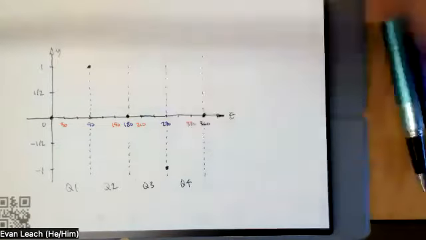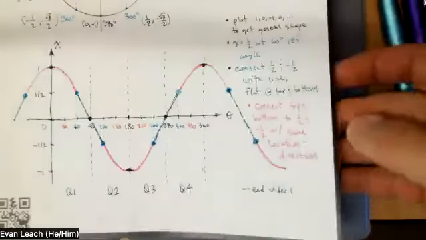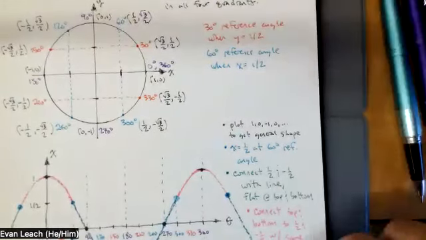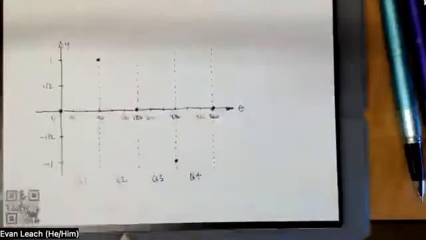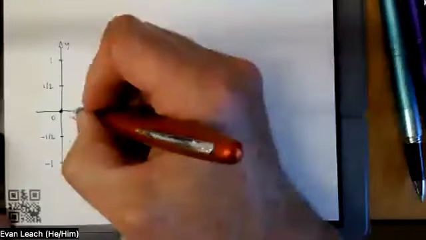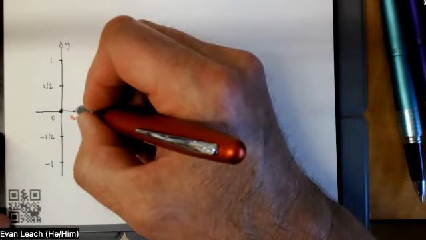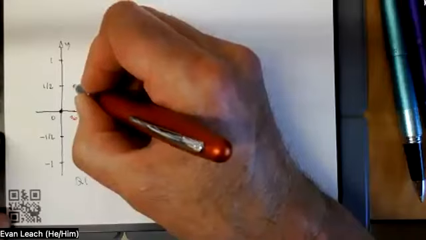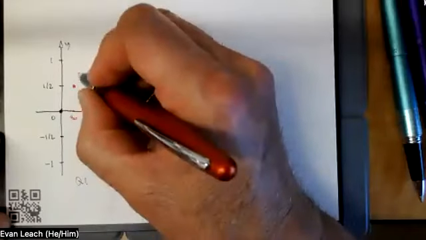We're graphing y-coordinates. The other point that's easy to find is y is 1/2 at the 30-degree reference angles. So at each of the 30-degree reference angles, I'm going to mark y as 1/2, whichever one works. So when theta is 30, y is positive 1/2.